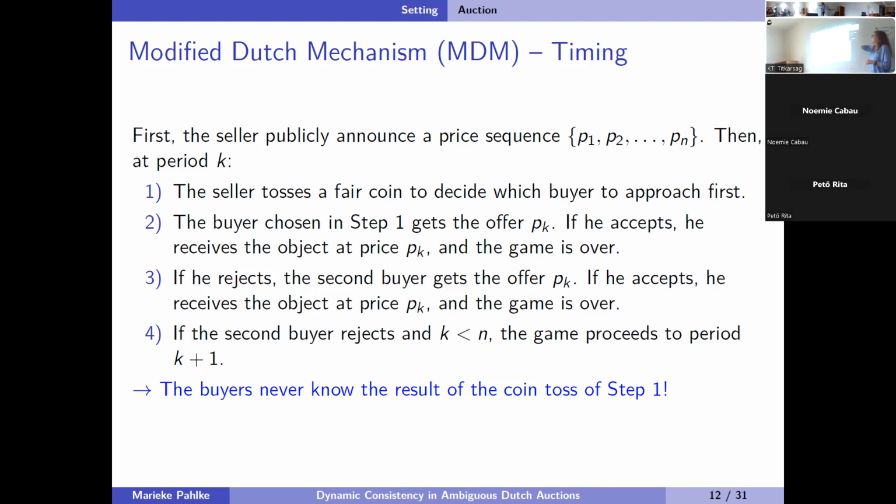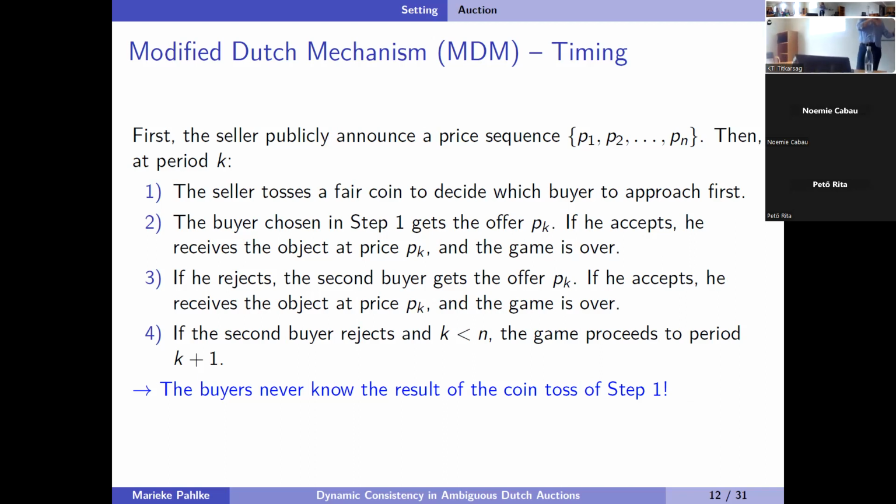So, why do we need this coin toss? First, it's a tie-breaking rule. What happens if both buyers would accept the same price? The reason why we do it as a first step in each round is to have symmetry. Most of the results I will show you today don't rely on this. We could also toss a coin once at the beginning, and then one buyer is always the first and the other buyer is always the second.